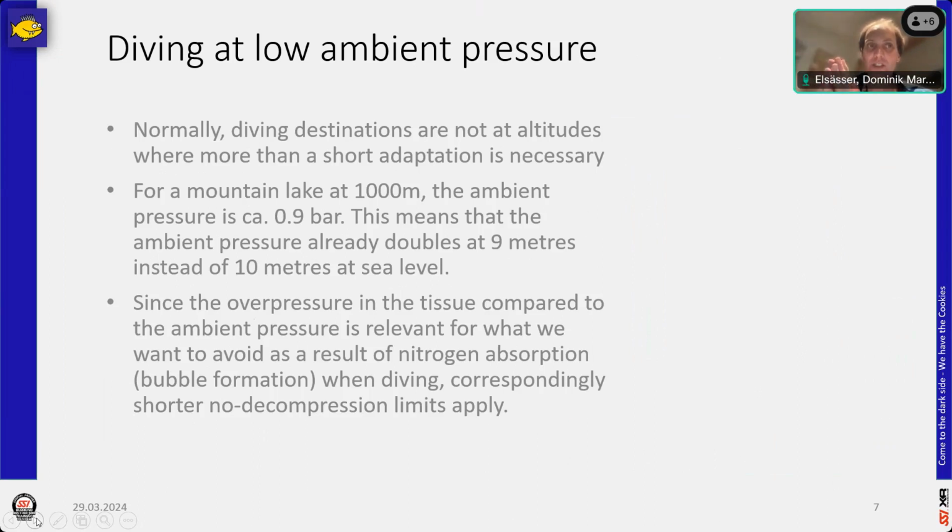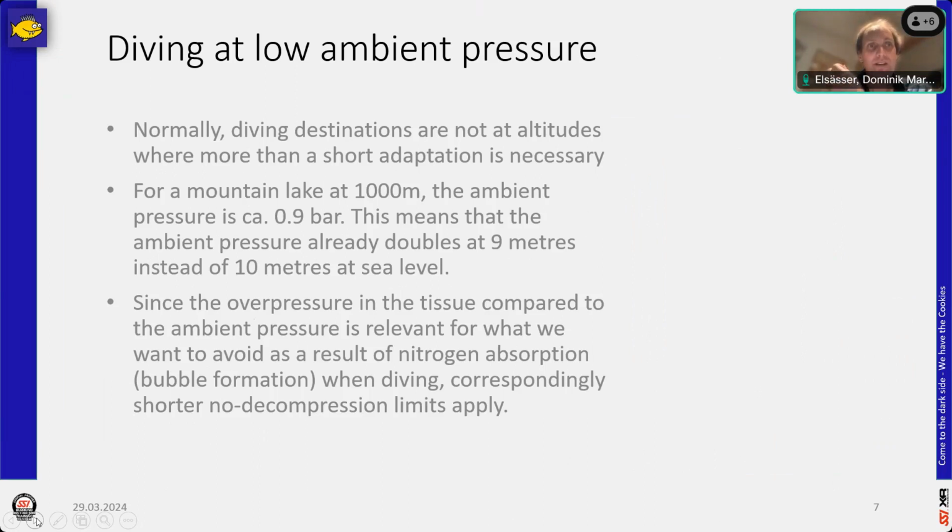And now the connection to decompression theory is that a very, very important parameter is the overpressure of dissolved gases in the tissue compared to ambient pressure. That's a very, very relevant parameter. And we want to avoid too high of an overpressure to avoid bubble formation.